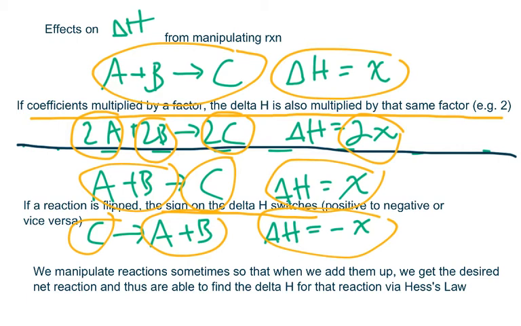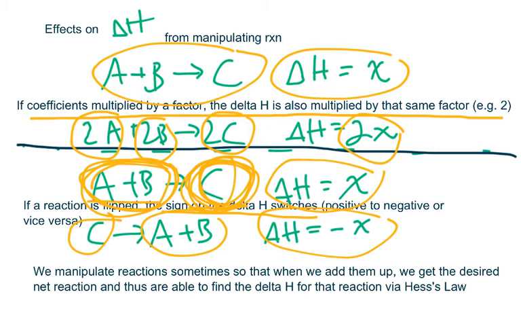So, the C over here has X joules more energy than A and B, because if the X is positive, then that means that C must have a higher enthalpy than A plus B, since the delta H means the enthalpy of the products minus the enthalpy of the reactants.